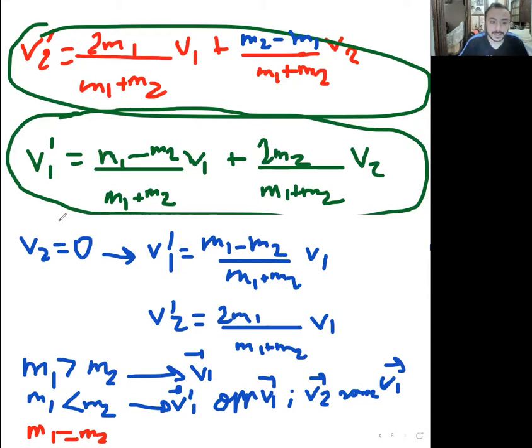But now we are studying the second case where the second body is initially at rest. So v prime 1 will be equal to 0 because the body stops, and v prime 2 will be equal to v1, with the same sign as v1.